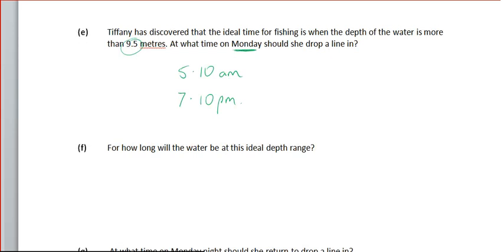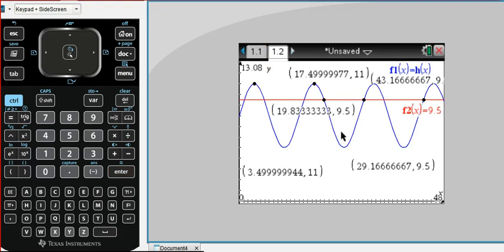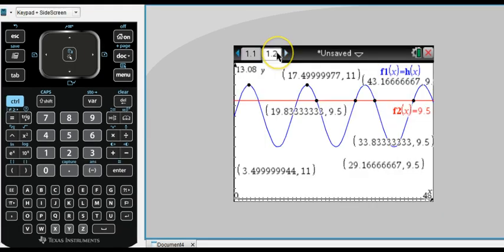For how long will the water be at this ideal depth? So looking at the graph, what that's asking you to answer is this section over here. How long is she going to be fishing at an ideal depth? So we need to find this other intersection point over here.